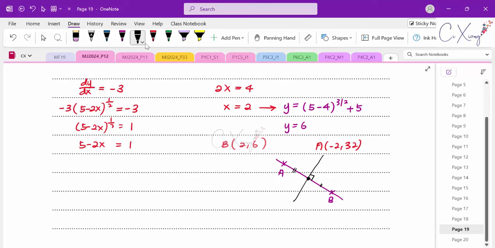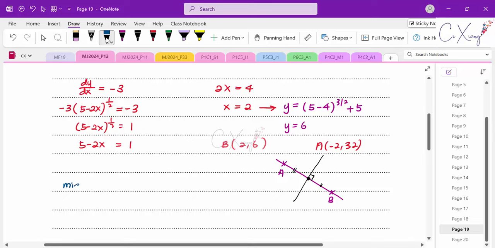I also need the gradient of AB. Let us start with the midpoint first. What is the midpoint of AB here? You take x1 plus x2 divided by 2, and then y1 plus y2 divided by 2. Okay, so you get 0 and 19.